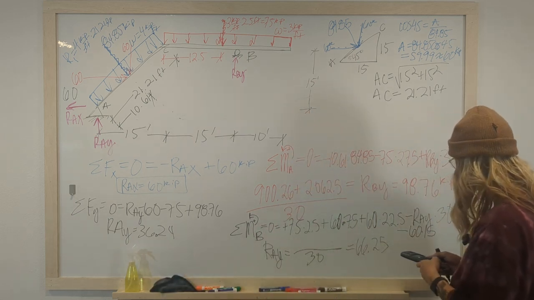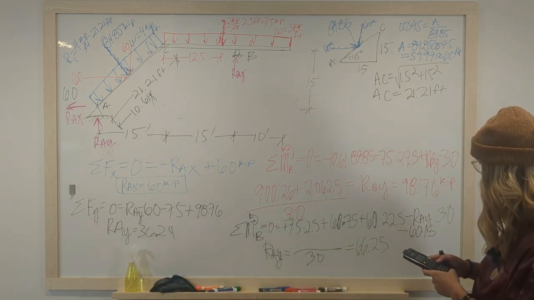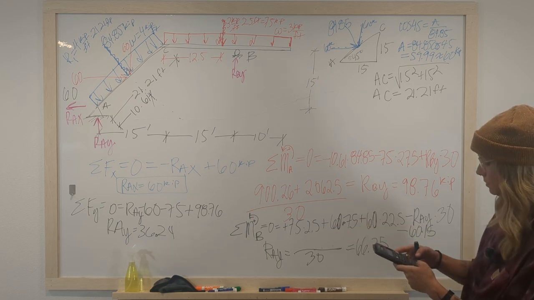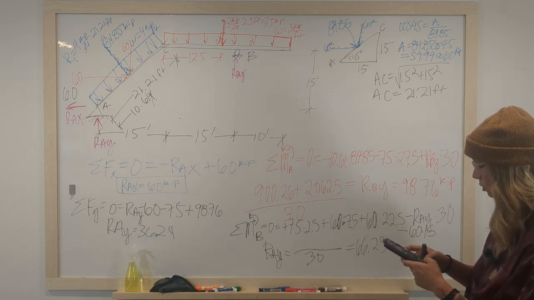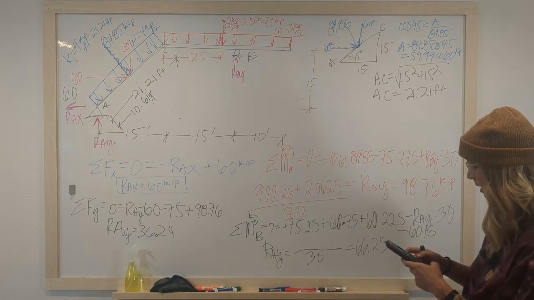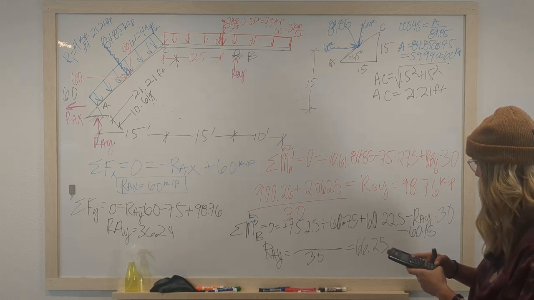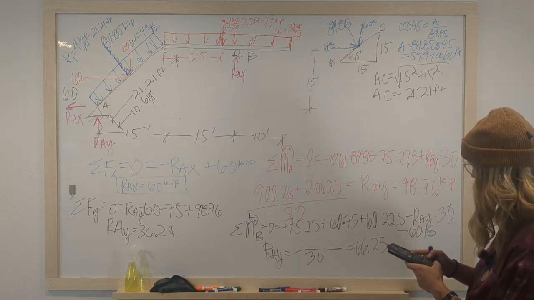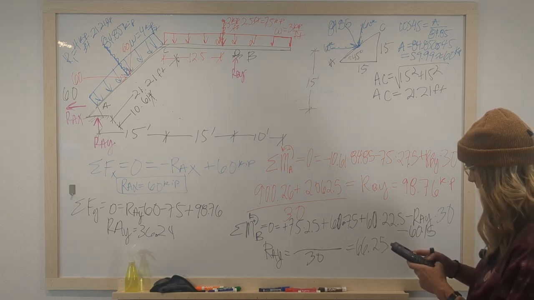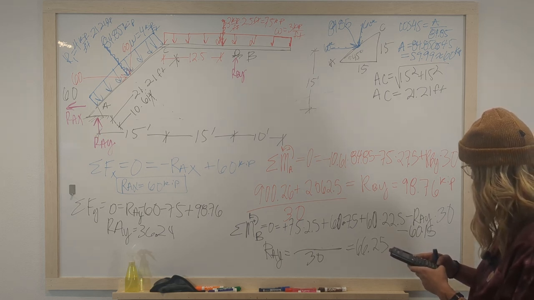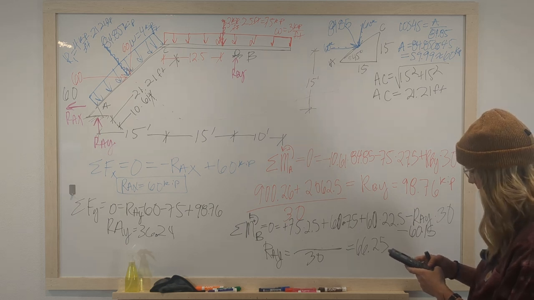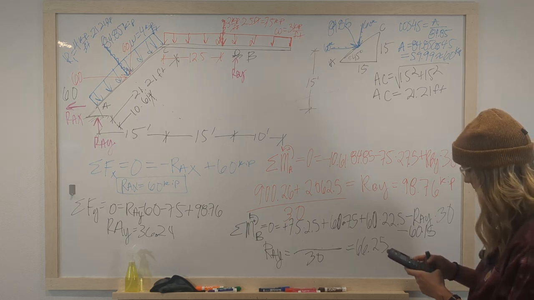Okay, so what do we have here? We have 75 times 2.5 plus 60 times 7.5 plus 60 times 22.5 minus 60 times 15.